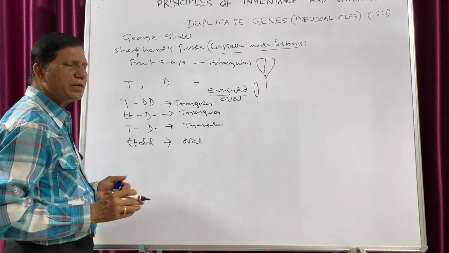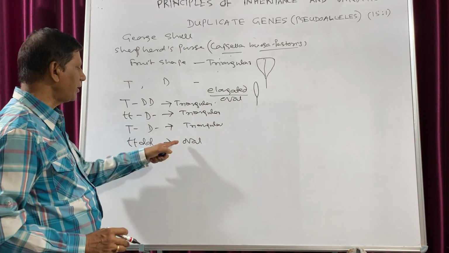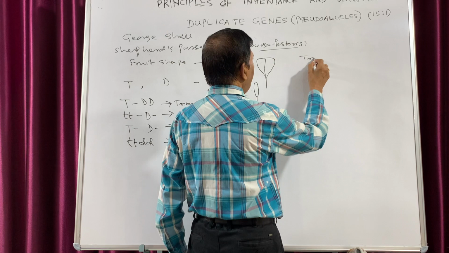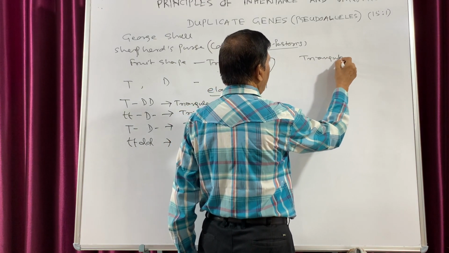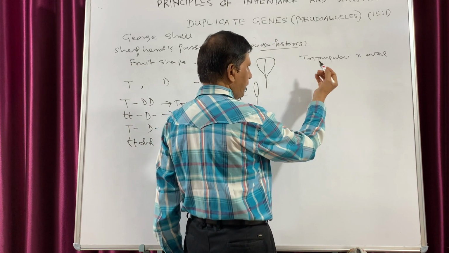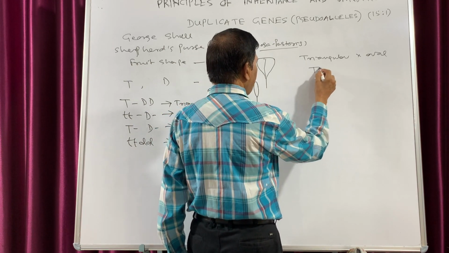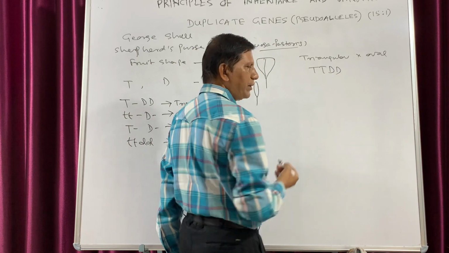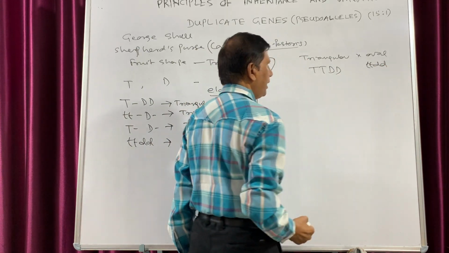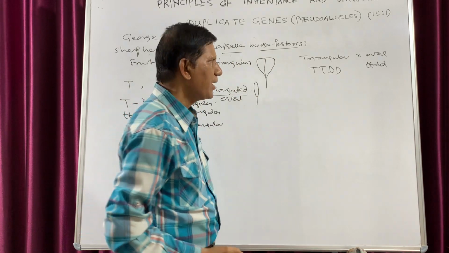So when a cross was made between a pure triangular type and a pure oval type, the pure triangular is capital T capital T, capital D capital D, and the pure oval is small t small t, small d small d. They are pure types, homozygous types.